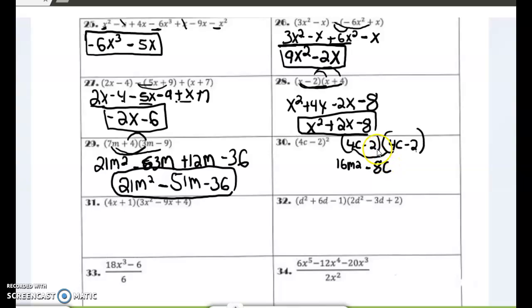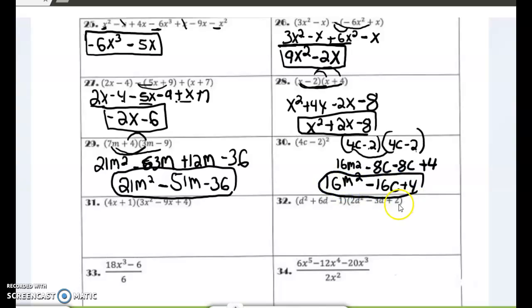Okay, then your inner terms would be another negative 8c. And negative 2 times negative 2 is a positive 4. We're going to combine the middle. So negative 8c and negative 8c is negative 16c, plus 4 is the constant.